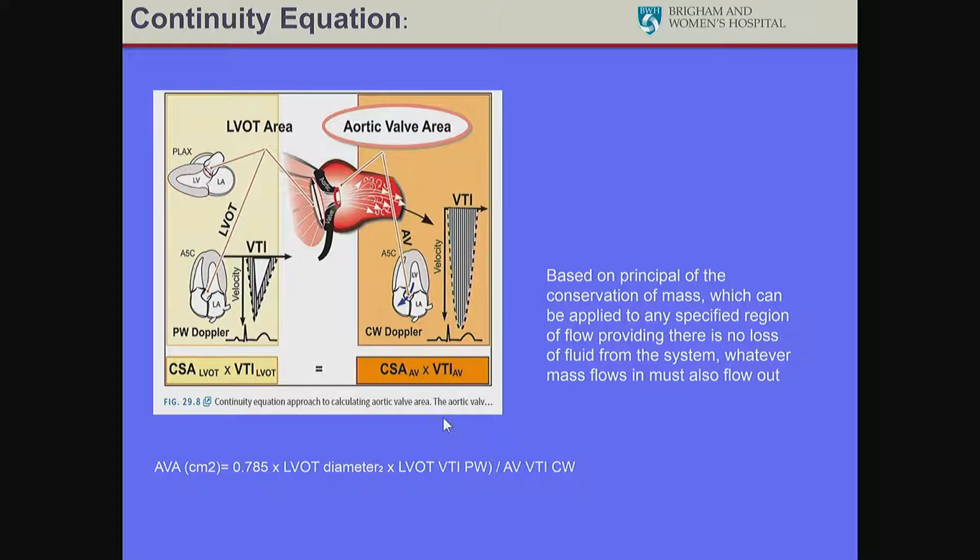This equation is further simplified, and you must have a working knowledge of this equation. So a simplified continuity equation will give you the aortic valve area in centimeters squared, which is equal to 0.785 times the LVOT diameter squared times the LVOT VTI by pulsed wave Doppler divided by the aortic valve VTI measured by continuous wave Doppler.